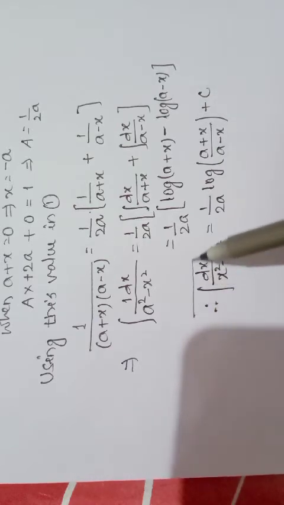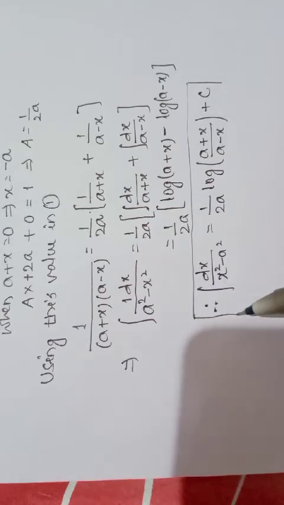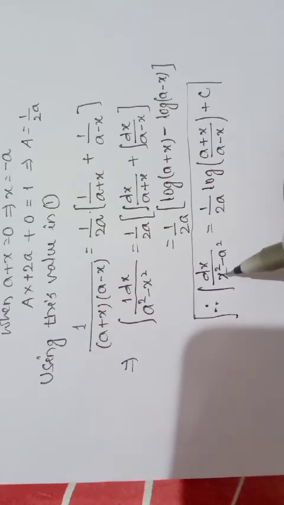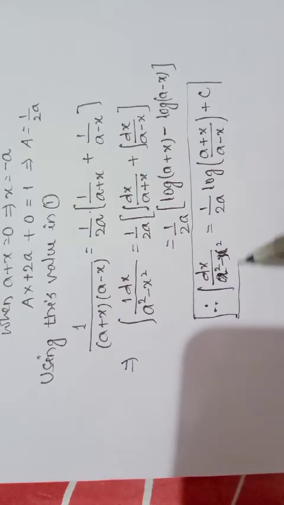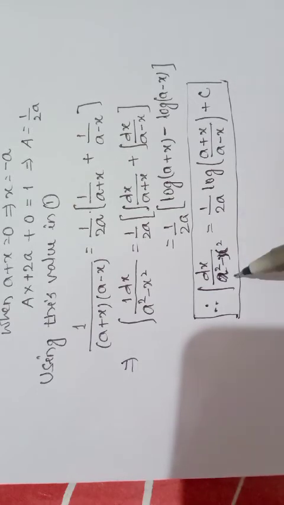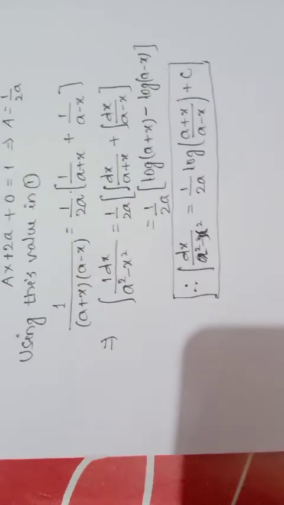In this way we integrate such types of problems. This is a square and this is x square. Such a problem: integral of 1 upon a square minus x square is equal to 1 upon 2a log of a plus x upon a minus x. This is also treated as a formula.